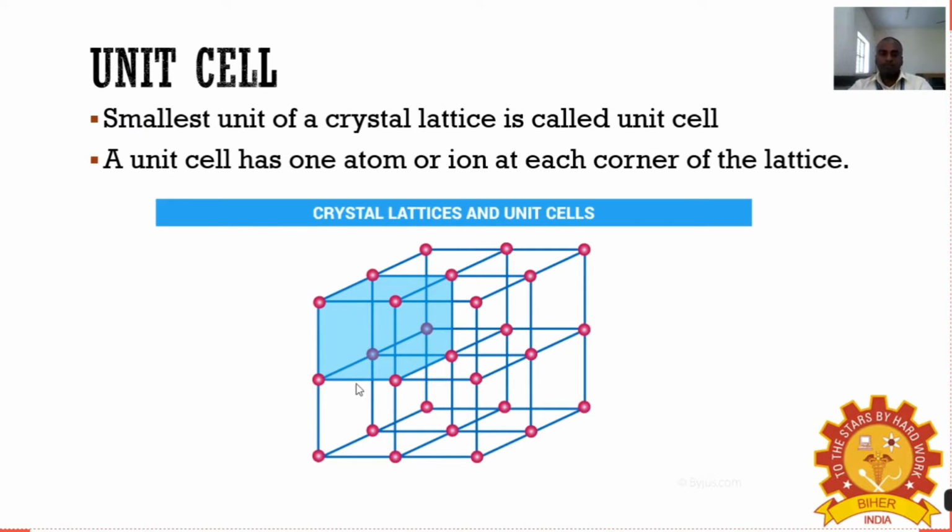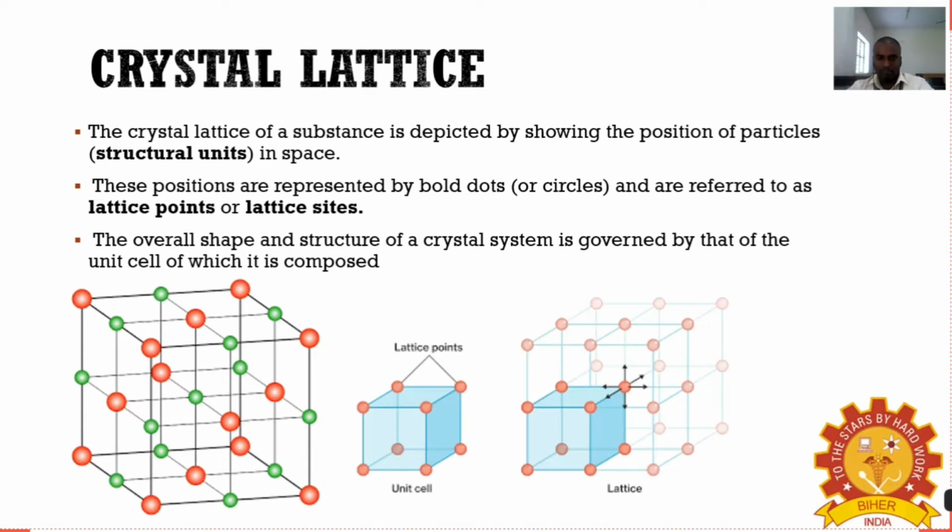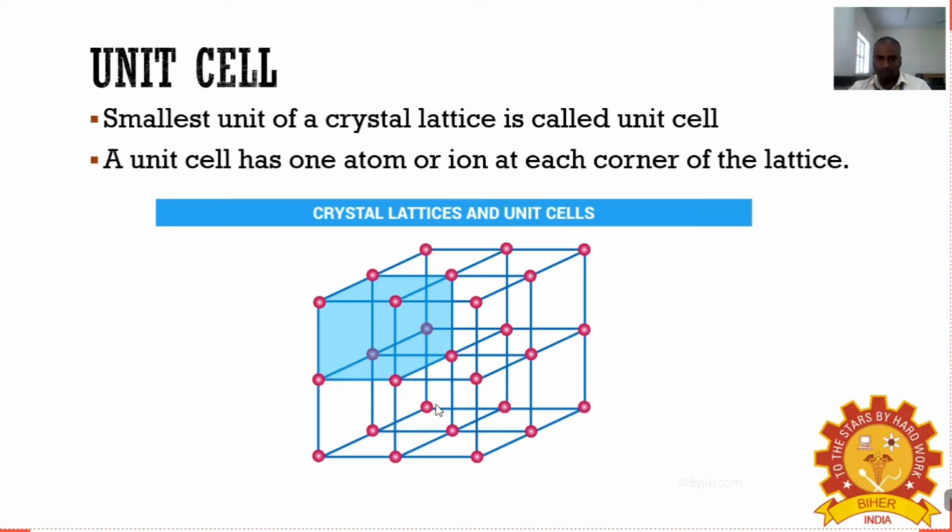The definition of a unit cell: the smallest unit of a crystal array is called a unit cell. In a unit cell, each corner should have one atom or ion. The smallest box is called a unit cell.